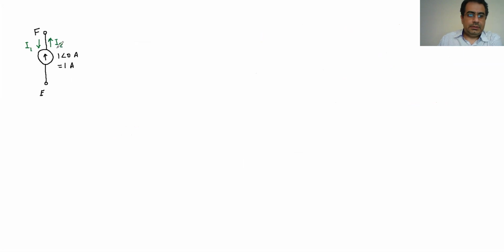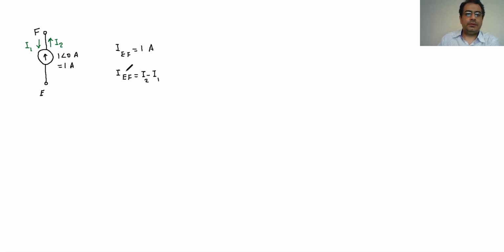Now I know that the current from E to F is just 1 amp because the source is there as 1 amp. Also, the current from E to F is I2 minus I1, since I2 goes up and I1 goes down.